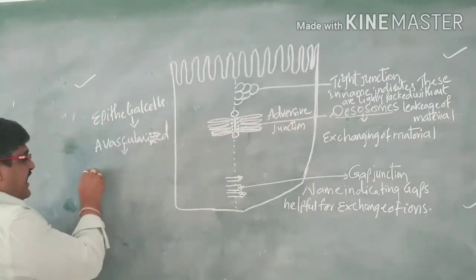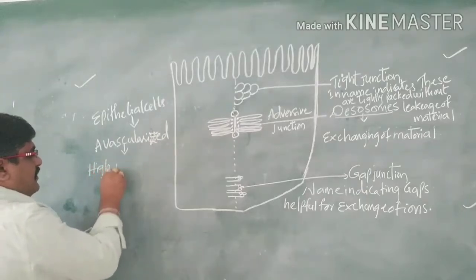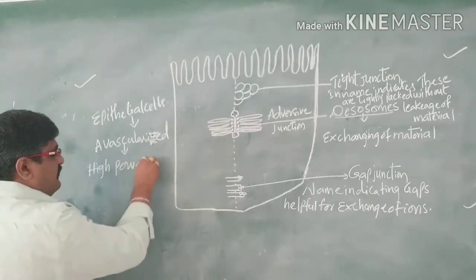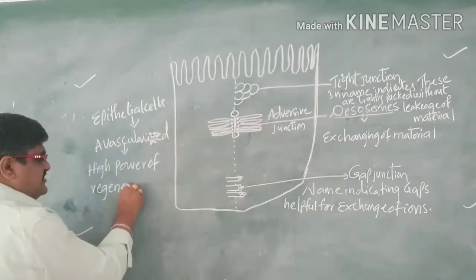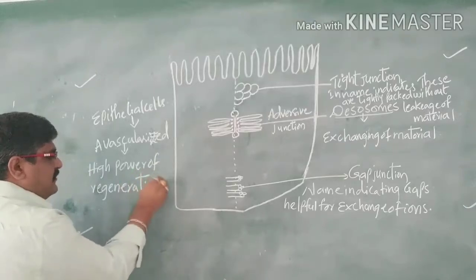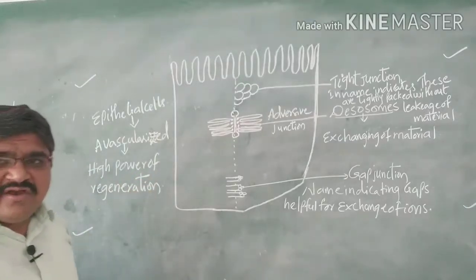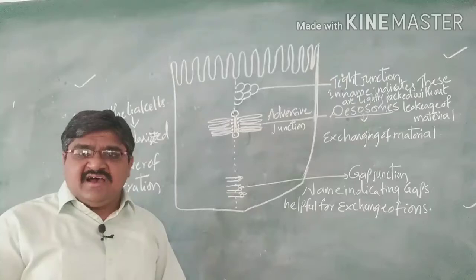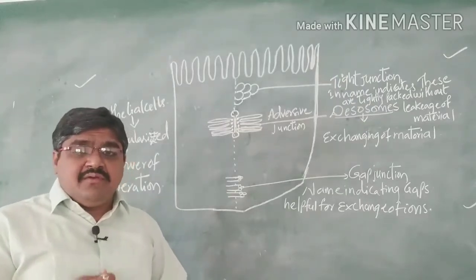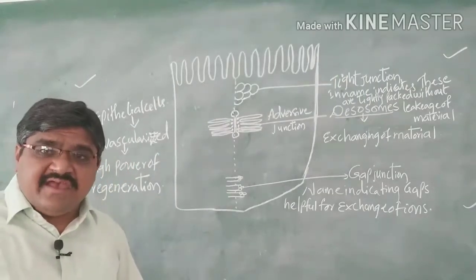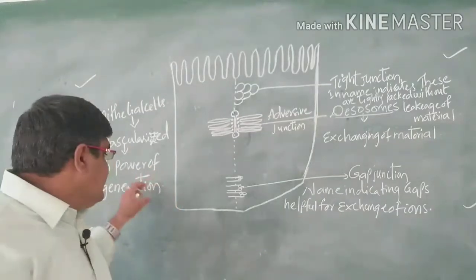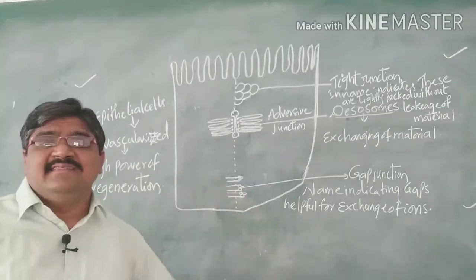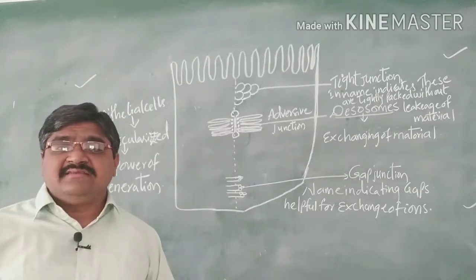They undergo mitotic divisions and increase their number. If any body part is damaged or injured, it will be replaced with the help of epithelial cells. Such types of cells are called epithelial cells.